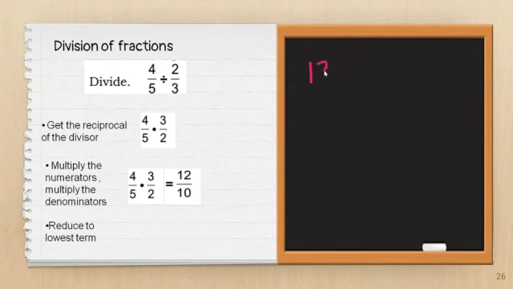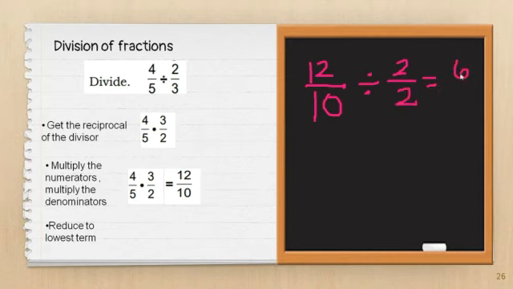Pwede pa natin siyang paliitin. We can still divide this by 2 over 2. So, 12 divided by 2 is 6, 10 divided by 2 is 5. Okay, so we have 12 over 10 or 6 over 5.